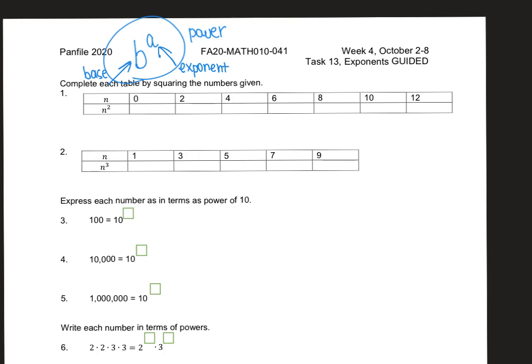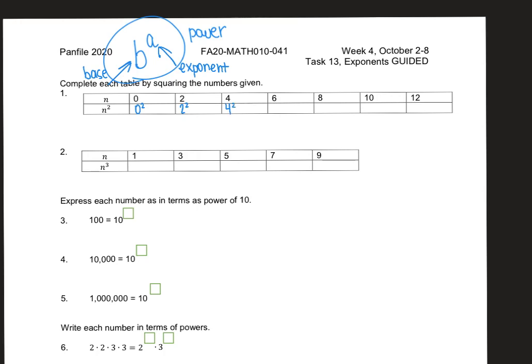Okay, so if we're completing the table here, they've given us n values, so 0, 2, 4, 6, 8, 10, and 12 in this case, and they want us to square it. So here we're saying 0 to the second power, 2 to the second power, 4 to the second power.